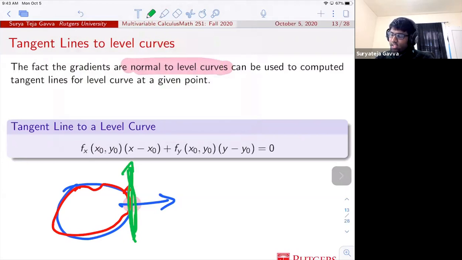I know the gradient vector, and I want to compute this other vector. Can you guys tell me what I need to do? I want to compute the tangent vector. I know this is the gradient vector. I want to compute this tangent. So what property do I use? How do I do that?